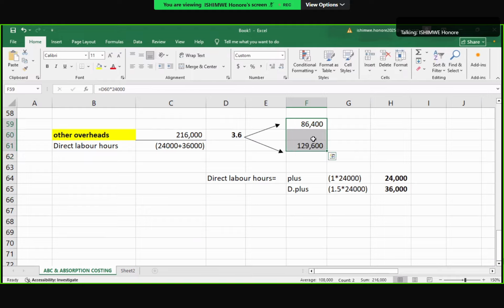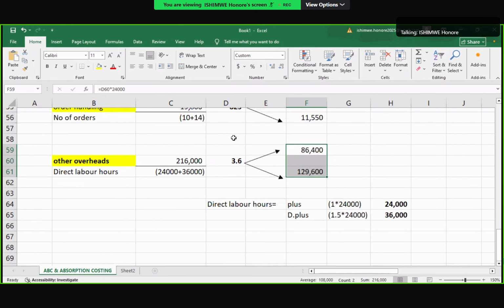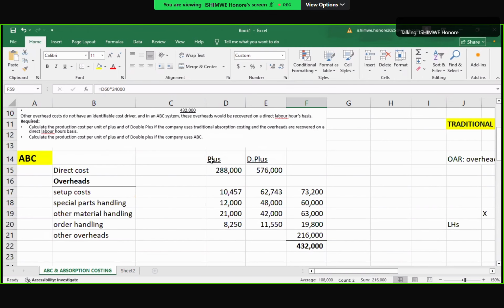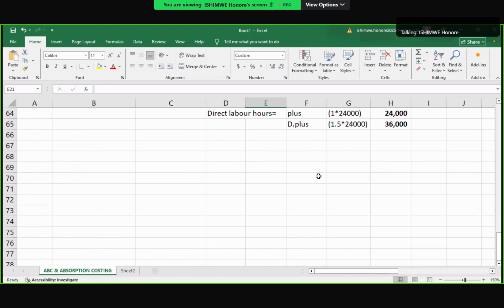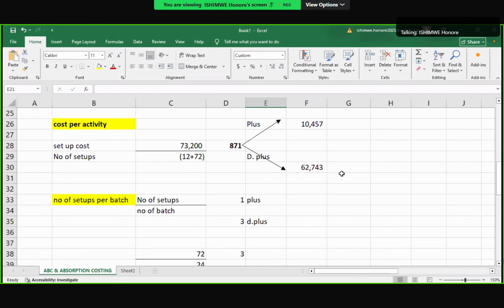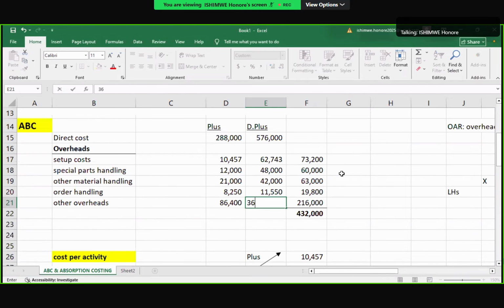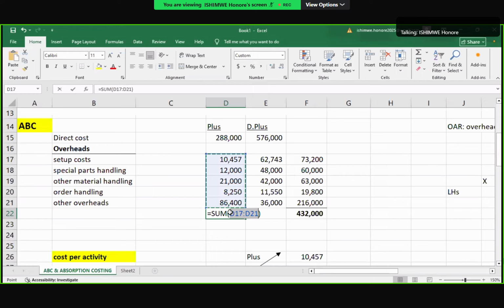So this is 86,400 and this is 129,600. If you add it together, it also gives you still 216. So the summation of the total of this overhead is this.